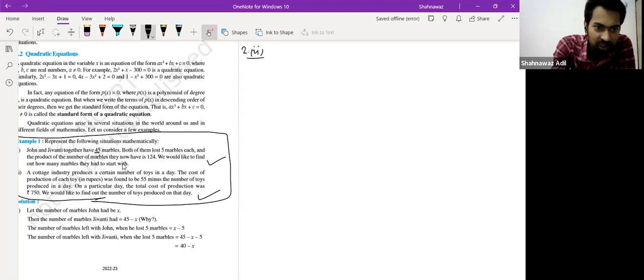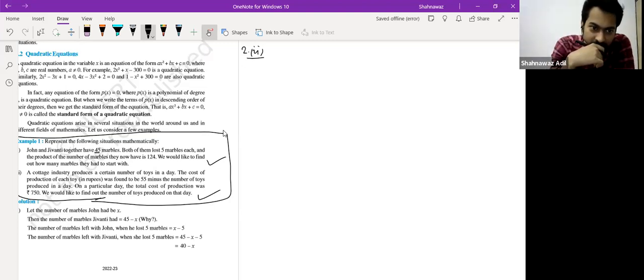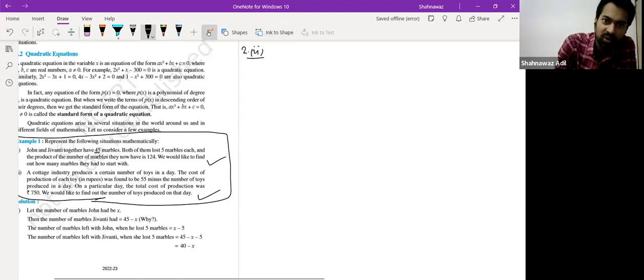The cost of production of each toy was found to be 55 minus the number of toys produced in a day. On a particular day, the total cost of production was 750. We would like to find out the number of toys produced on that day. So two unknowns.